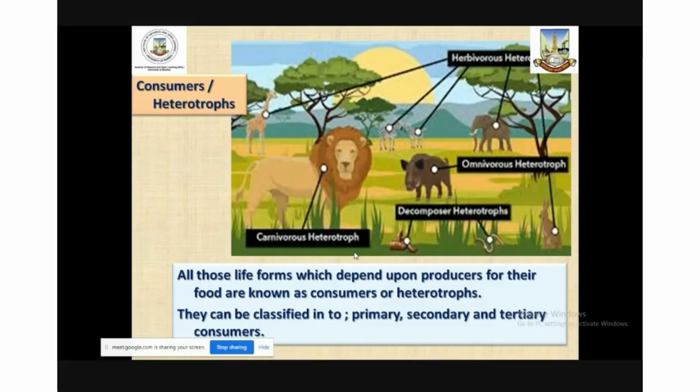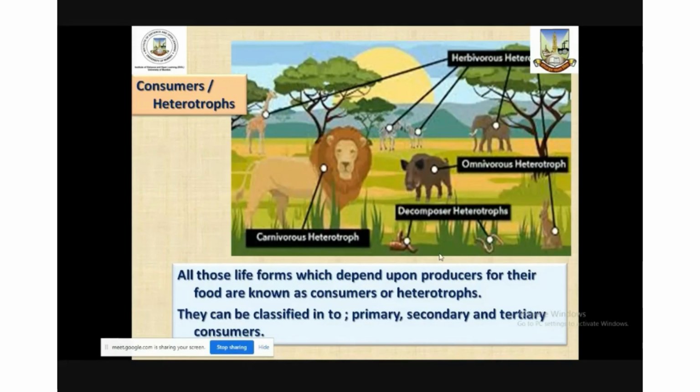The organisms which directly depend upon plants or producers for their food are called herbivores. Carnivores are the organisms which depend upon the herbivores or animals, the flesh of animals, and are called carnivores. And omnivores are the organisms which can eat both producers as well as the primary consumers.